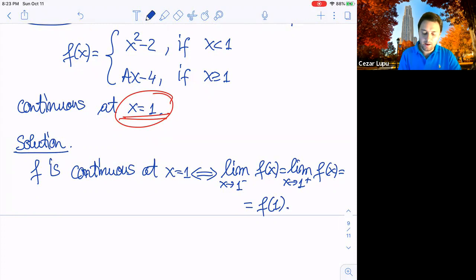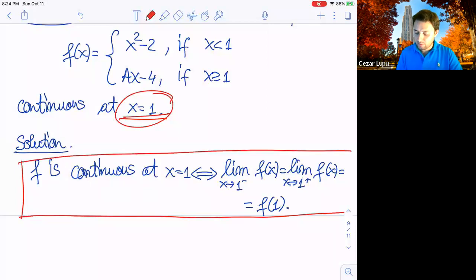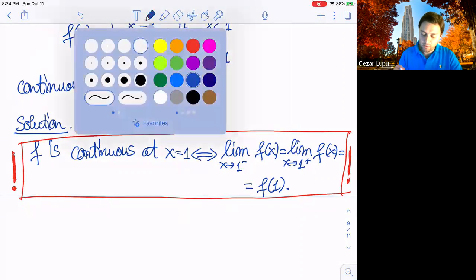Okay, so we must have this. In fact, we know that f is continuous, so these three conditions hold, and these three quantities are equal. Now let's compute each and every one of them.